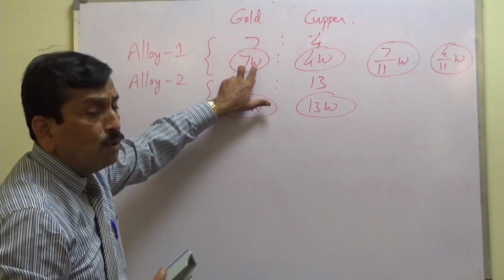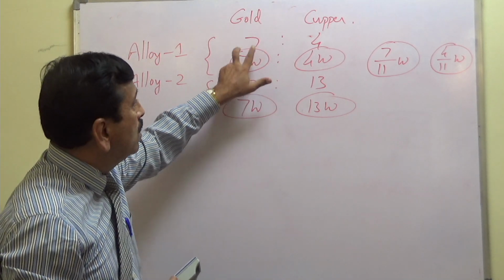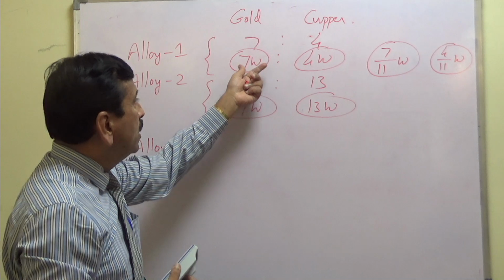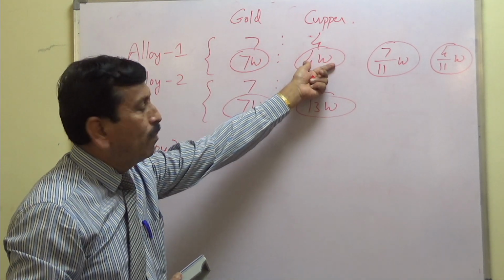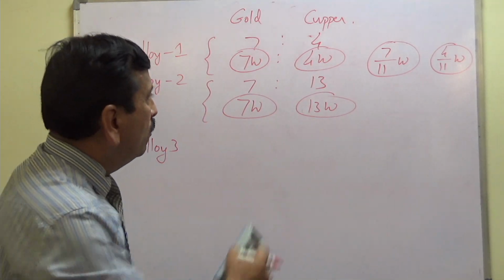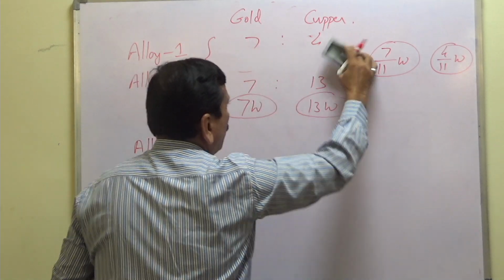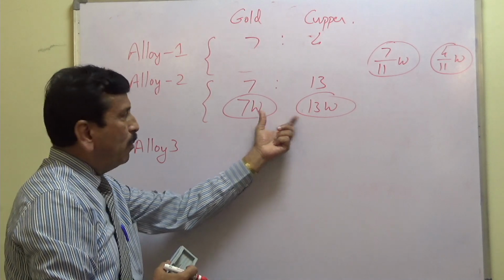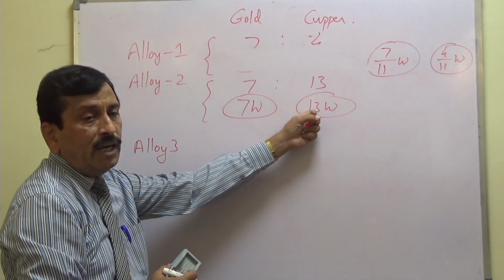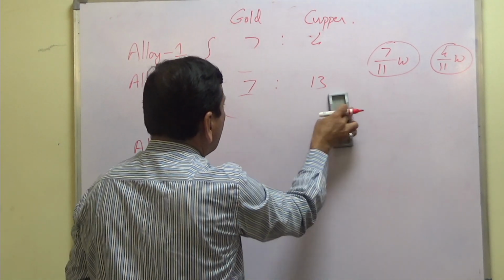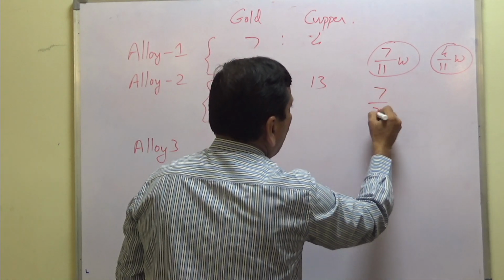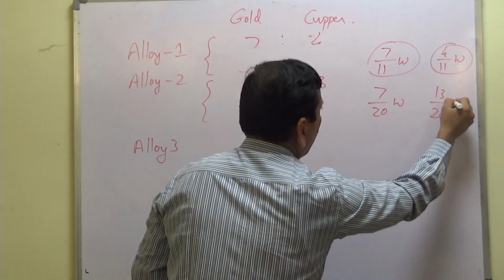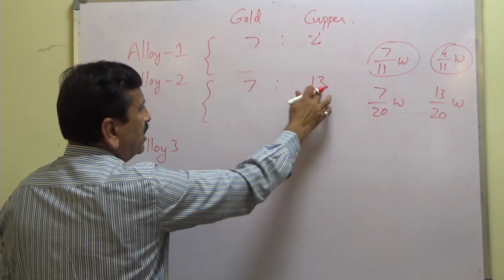Because 7W plus 4W, the total weight will be 11. For alloy 2, we take the proportion 7 plus 13 will be 20, so 7/20W and 13/20W. You understand here? 7 and 13 total is 20.